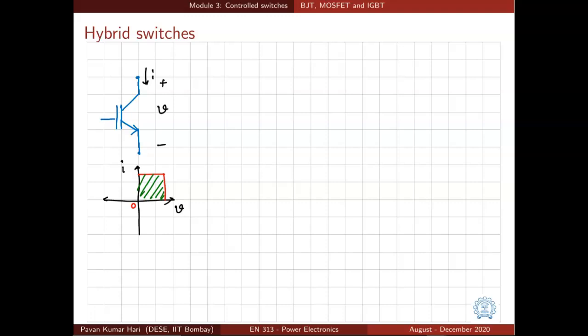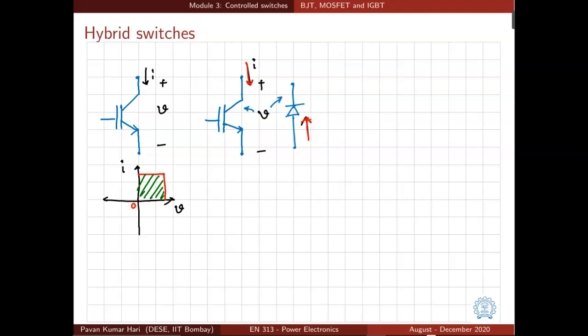Let us take a diode. We know that if you draw a diode like this, it can also block in the same direction as indicated, voltage plus V. When V is positive, it can be blocked by this diode or this IGBT. But the IGBT can conduct only in one direction. The diode can conduct in the other direction when it is on.